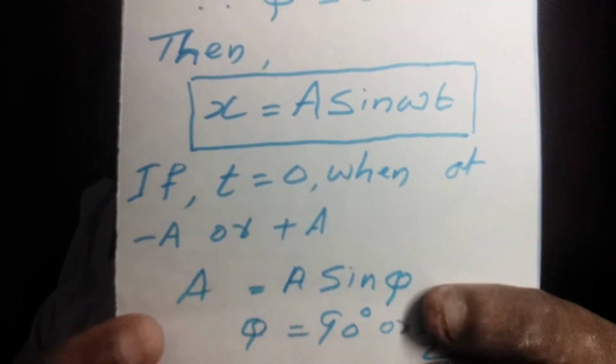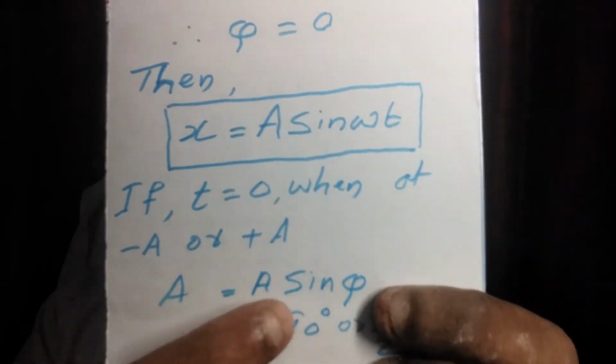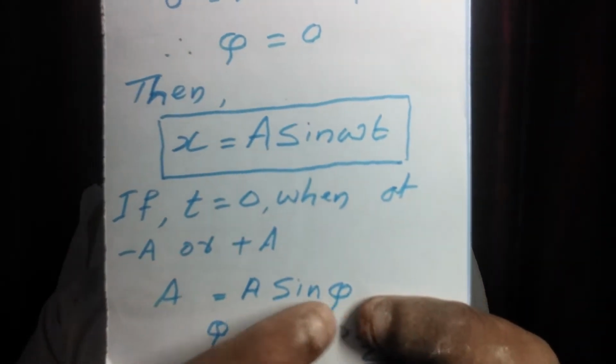On the other hand, if you switch on the clock when the oscillator is at its right extreme or left extreme, that means at t equals 0, x equals plus a or minus a. Put these values in this equation, then you get a equals a sine omega t plus phi.